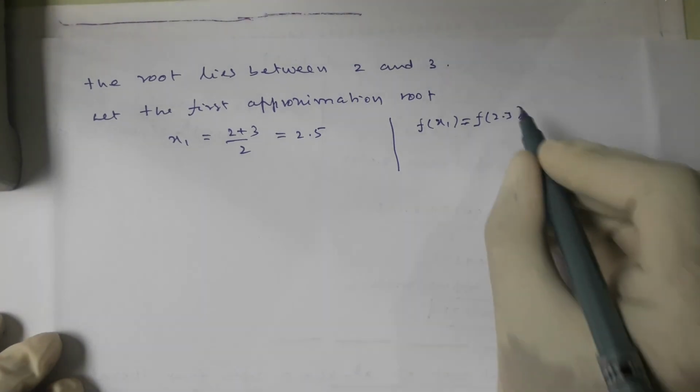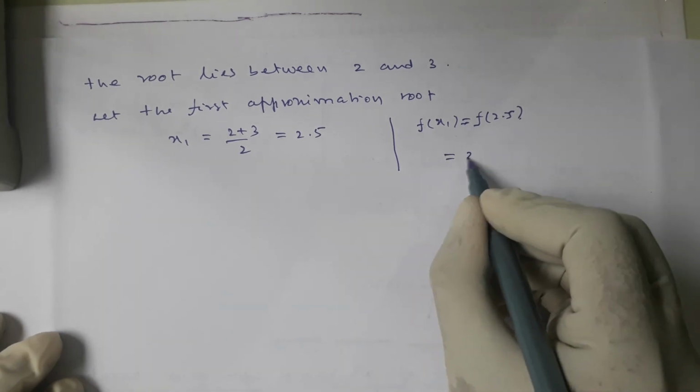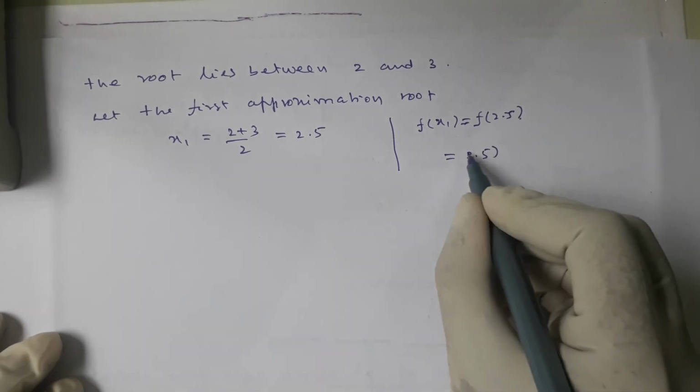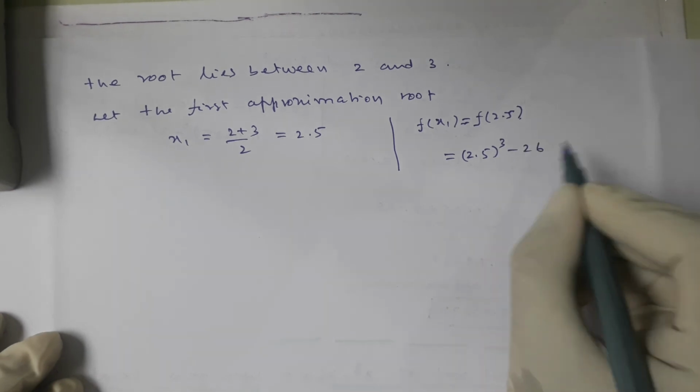f of 2.5 is equal to 2.5 whole cube minus 26.